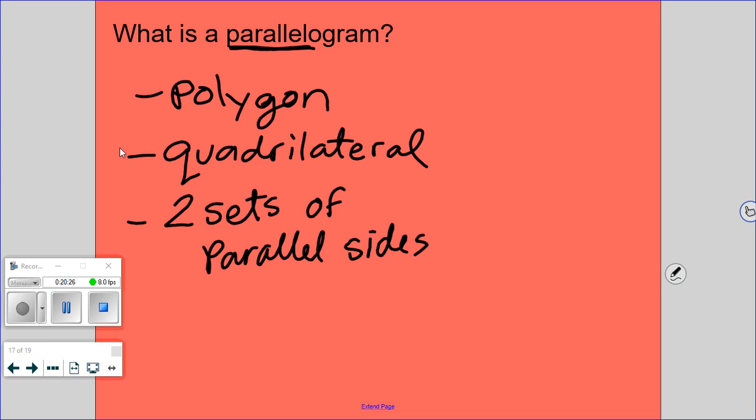Our trapezoid, if you remember, only had one set. A parallelogram has two. So, a common way to draw a parallelogram is like this.